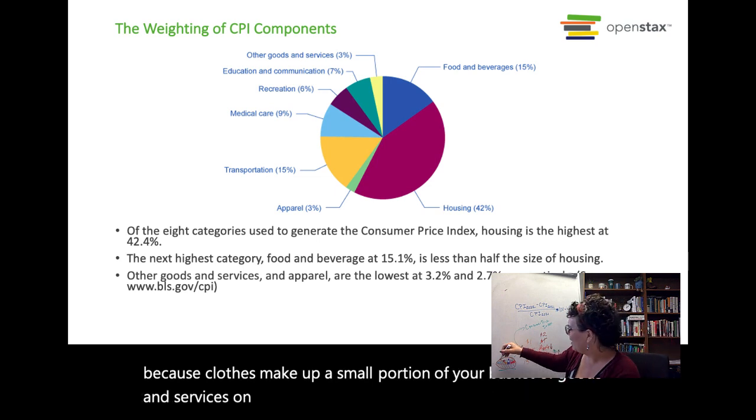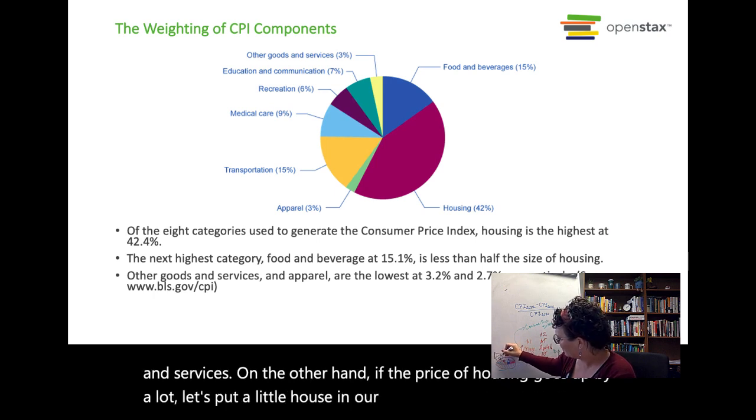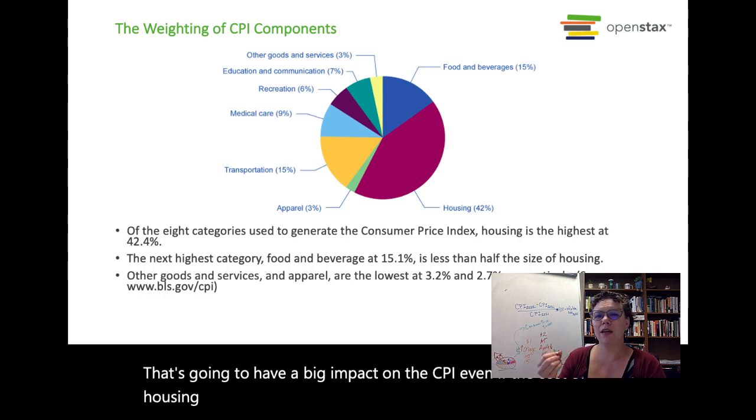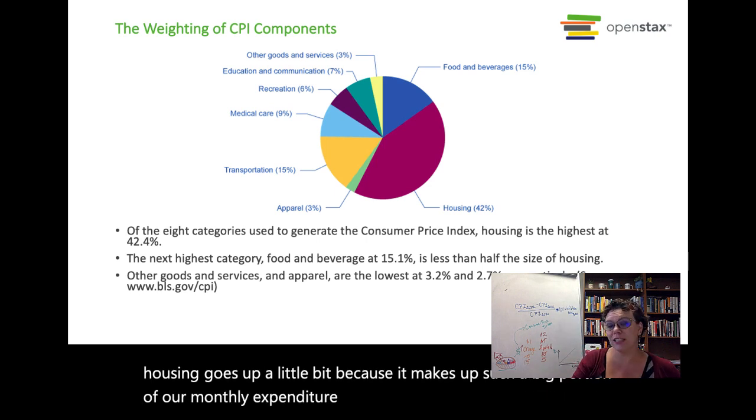On the other hand, if the price of housing goes up by a lot, let's put a little house in our basket, that's going to have a big impact on the CPI, even if the cost of housing only goes up a little bit, because it makes up such a big portion of our monthly expenditure or our annual expenditure.